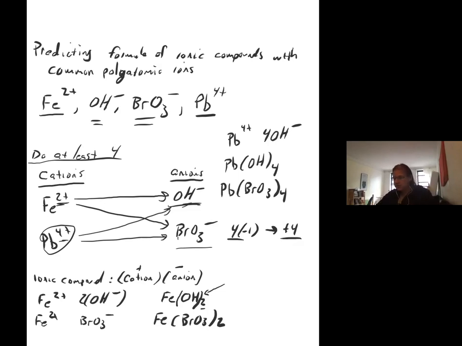The whole idea here is that the anion has the negative charge and the cation has the positive charge. So you have to have the number of anions so that their charges add up to the same as the positive charge.